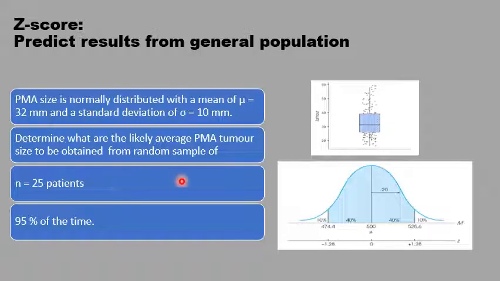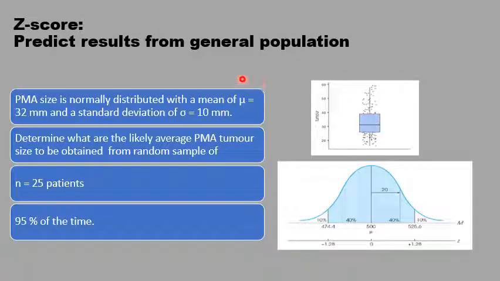He wants to use the figures obtained from my series in order to estimate the probability of the sizes of the tumor that he is going to encounter in his next 25 patients. And he wants this with a degree of certainty of 95%, like 19 out of every 20 operations, he would want to expect the average size of the tumors he is going to take.